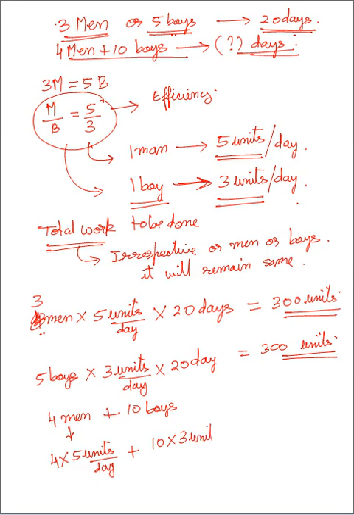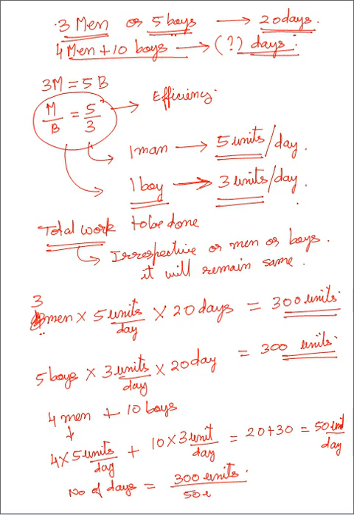So it is 20 plus 30, equal to 50 units per day. So number of days is equal to total work to be done, 300 units, and per day how much total work is being done? It is 50 units per day. So 0 0 cancel, 6 unit cancel, so answer will be 6 days. Again the final answer remains same, 6 days.